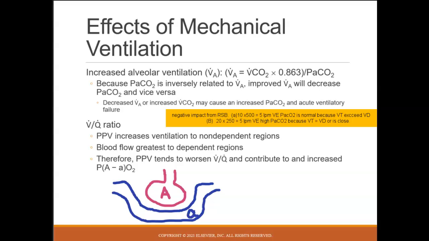So if my patient is getting ventilation because of positive pressure ventilation, but perfusion isn't happening here, not as much is going to diffuse across to the capillaries. So your A-a gradient increases, meaning more oxygen stays in here and doesn't get into here, because these two aren't coming into contact with each other.